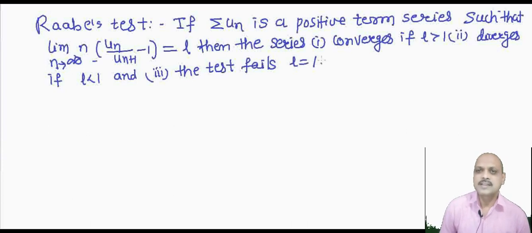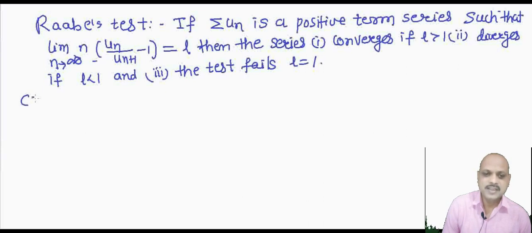We have seen that various tests of an infinite series fail when the limit L is equal to 1. Now let us see the proof of Raabe's test, where we consider the first case, L greater than 1.